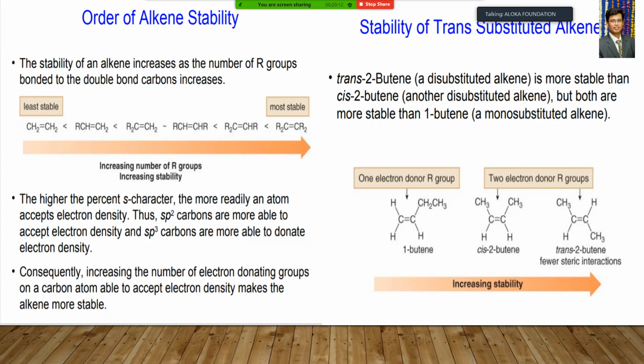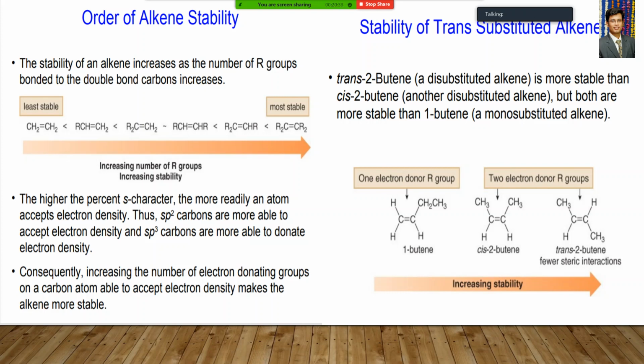Now there are two forms of alkenes, trans alkenes and cis alkenes. Let us take the example of 2-butene, which is asked as write the structures of 2-butene.